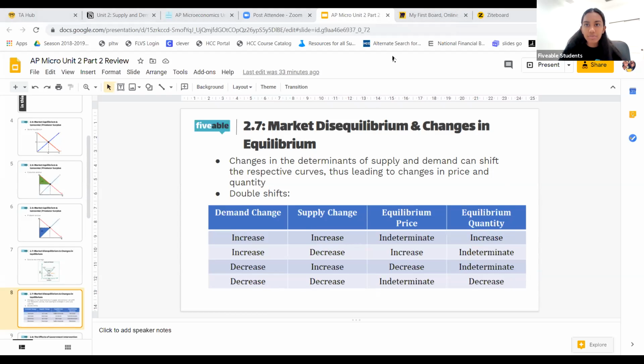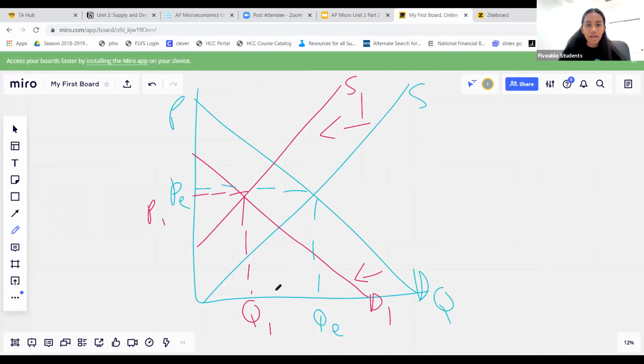So we can kind of see this on the graph actually. The quantity definitely decreases by a significant amount, but you can see how the original equilibrium price and the new equilibrium price are kind of ambiguous. You can't really tell.